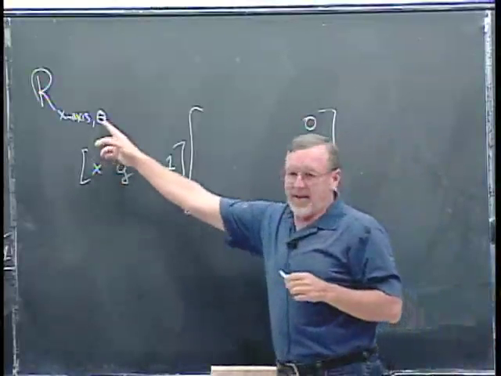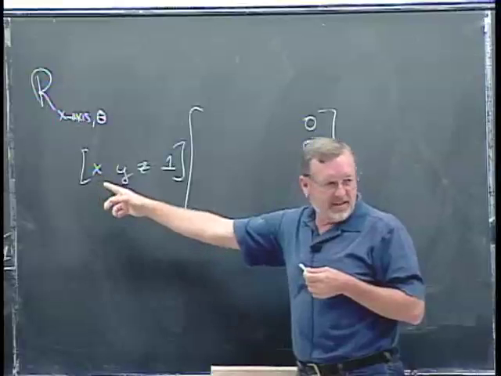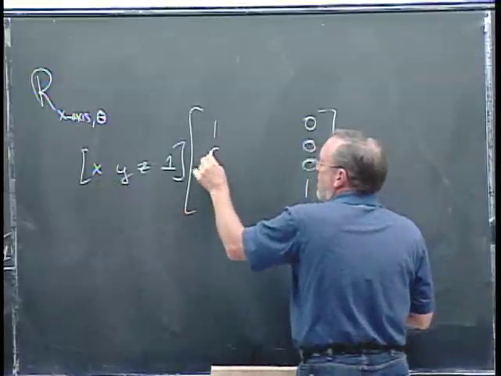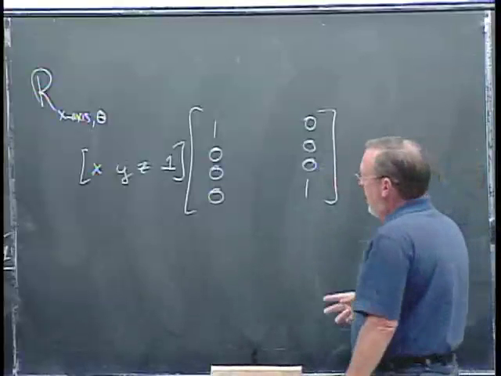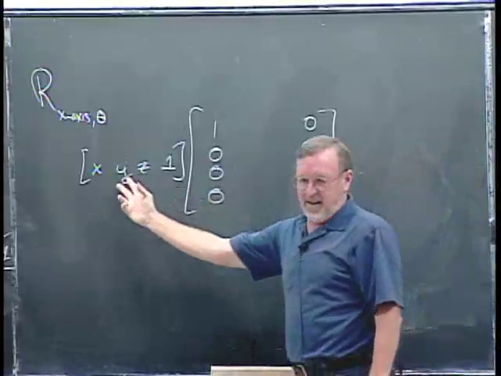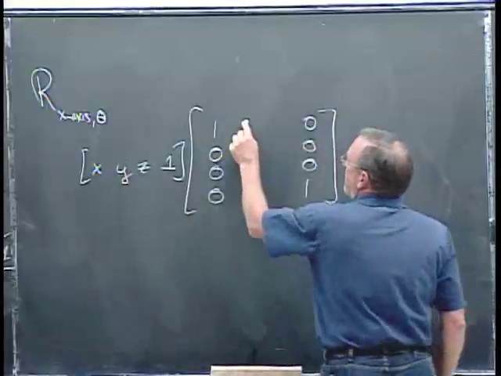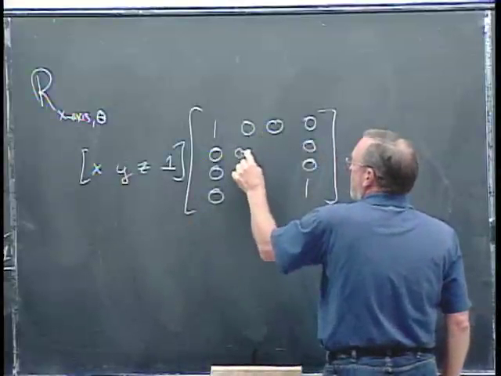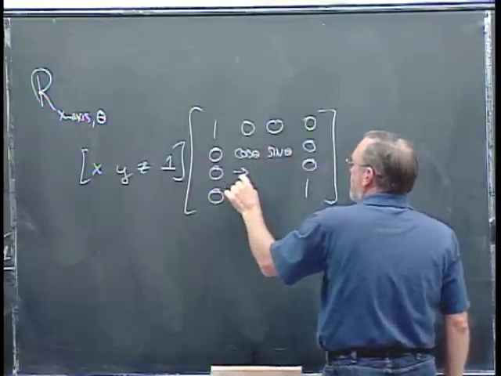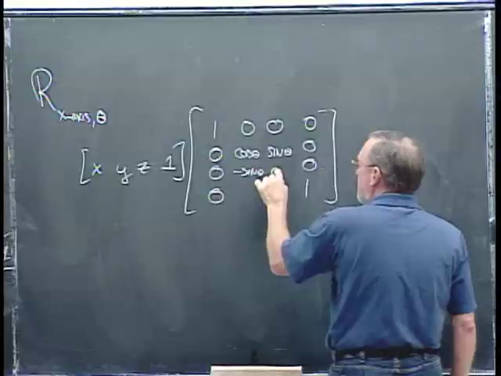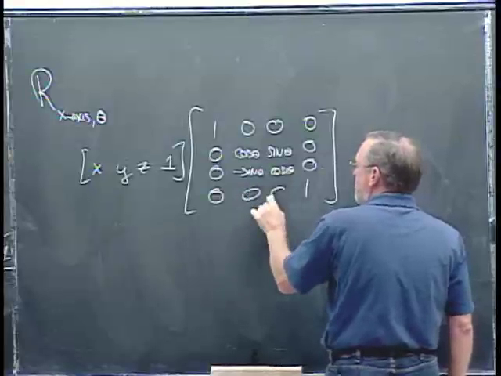Now if I rotate around the x-axis, the x value has to stay the same, right? So the first column better be 1, 0, 0, 0. Keep the x value the same. And then I do my cosine sine thing with y and z. So it looks like 0, 0, cosine theta, sine theta, minus sine theta, cosine theta, 0, 0, like that.